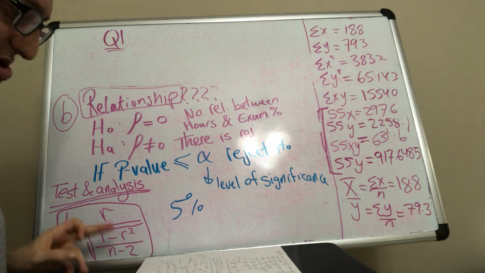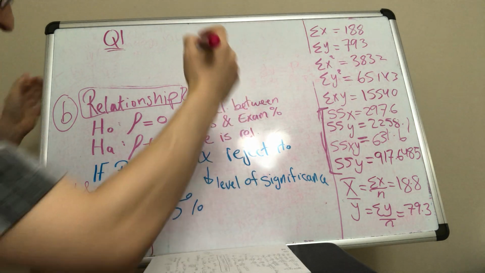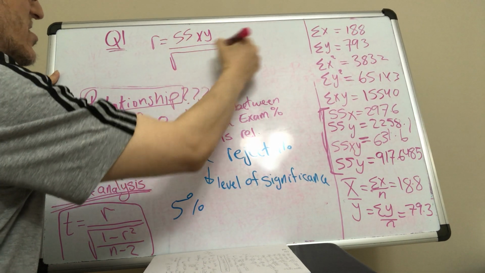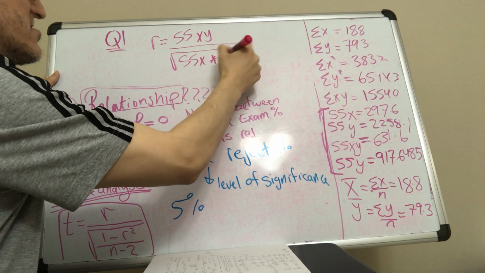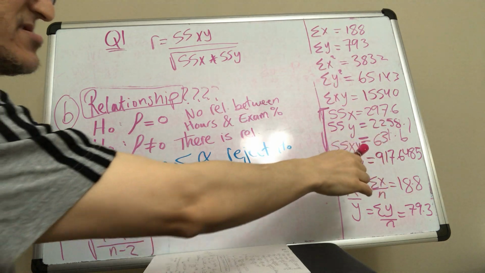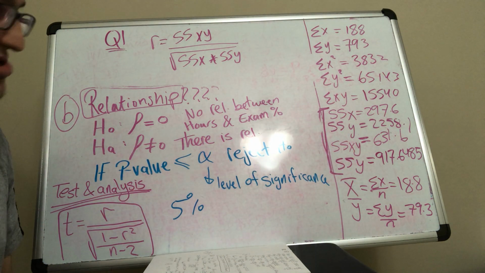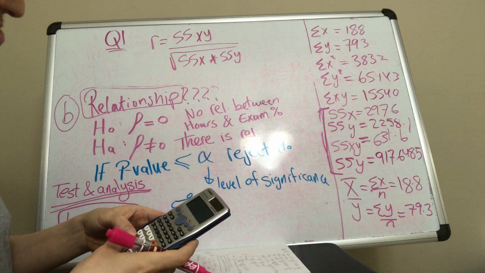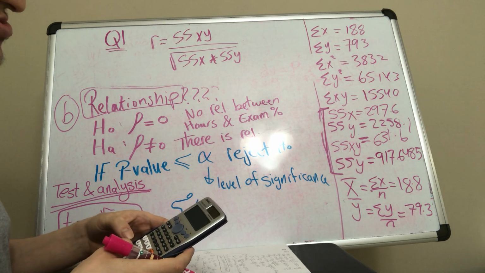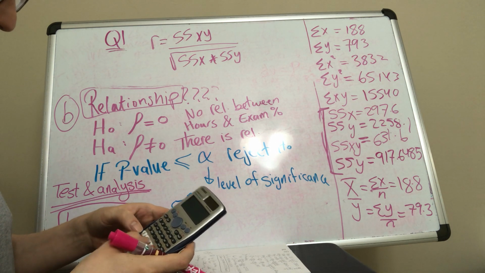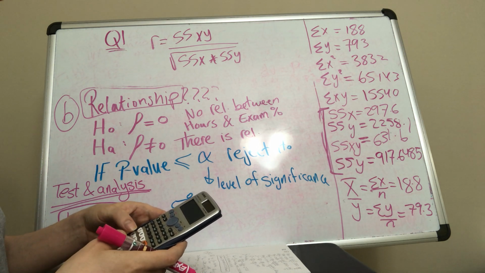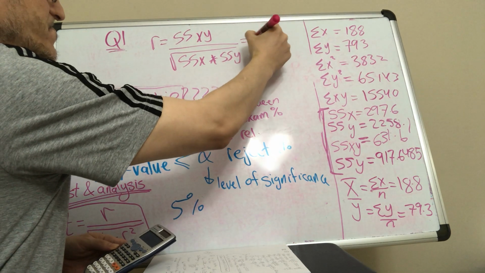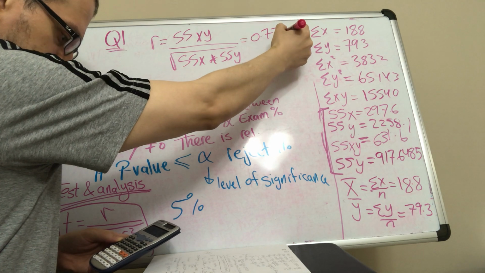The first thing you need to calculate is R. And the formula for R is you take your SSXY over the square root of SSX times SSY. You have SSX, you have all of this, so you take your calculator, fraction, top is 631.6, the bottom is a square root of 297.6 times 2258.1. This will give you 0.7705.